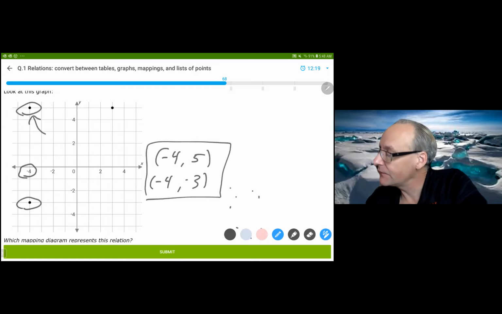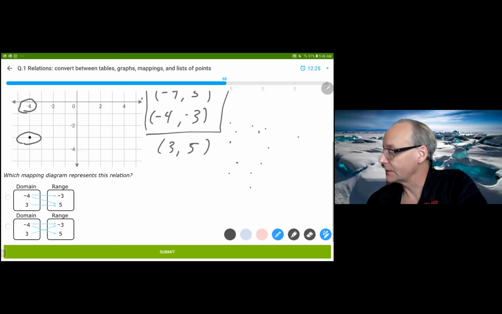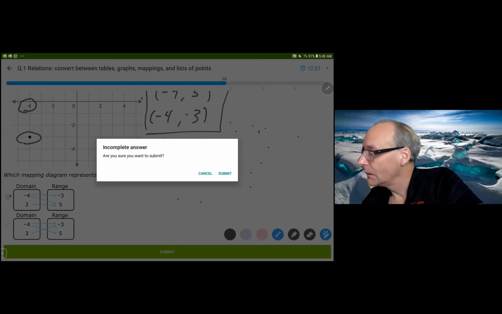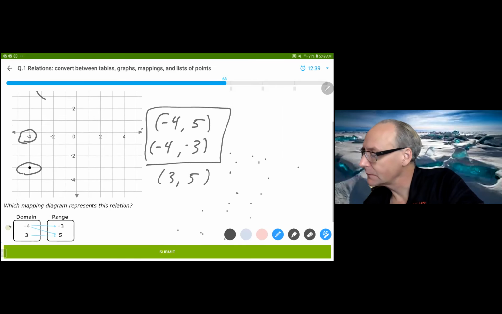So it's 3, 5 is my other one. This one is the 3, 5. So let's take a look down here. So we have 3, 5, and then we have -4 going to both of them. So it's this one right here. That's it. What? Is there something else?